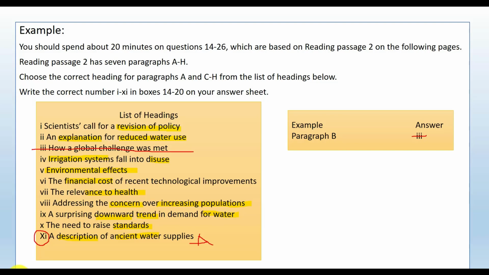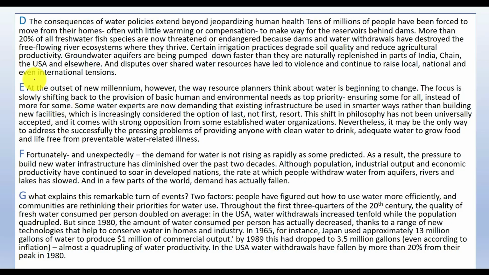Let's go on to the next paragraph. The consequences of water policies extend beyond jeopardizing human health. Tens of millions of people have been forced to move from their homes. That's an important sentence. Now, that's where I always say that general English is very important. If you don't know the meaning of jeopardize, you're gonna waste a lot of time.